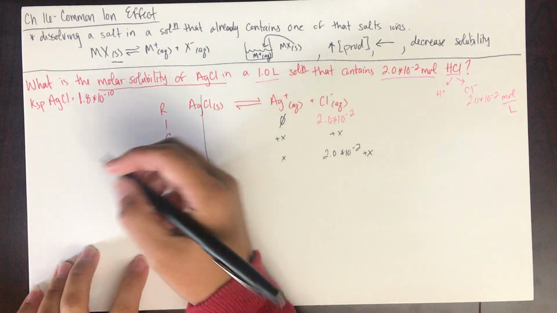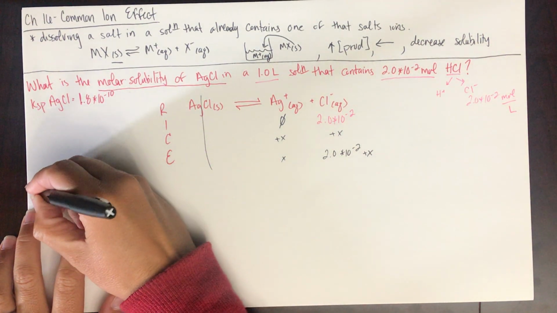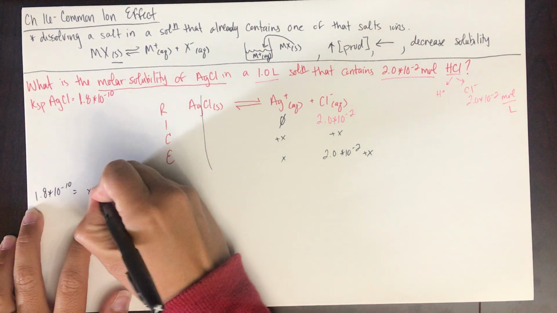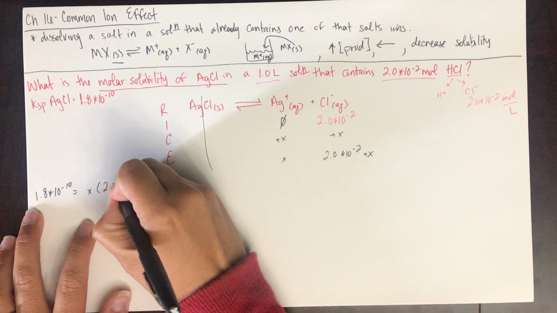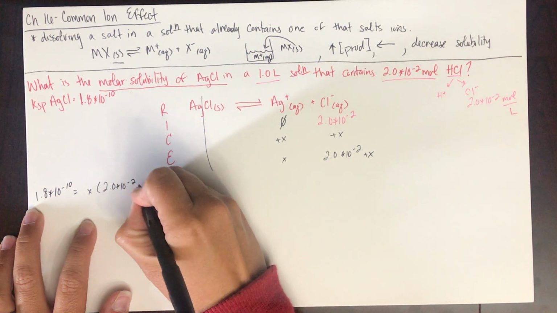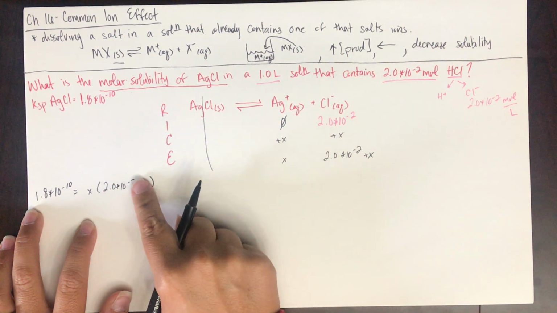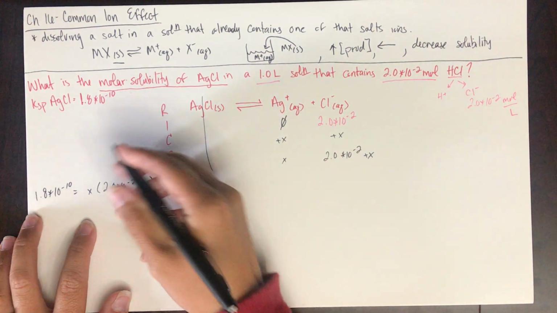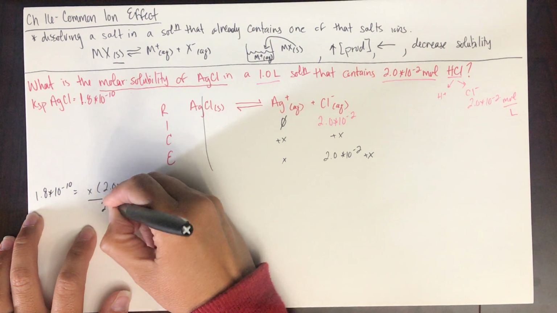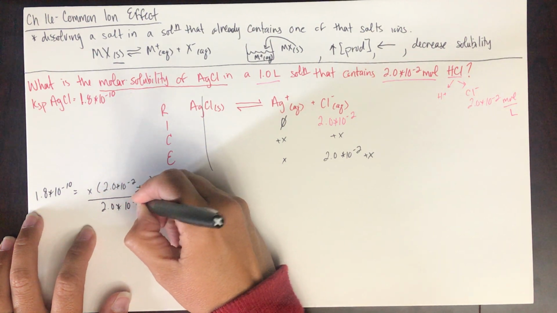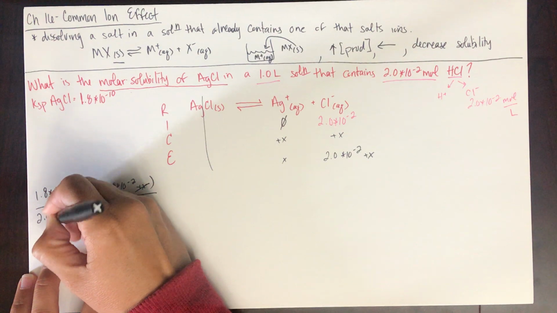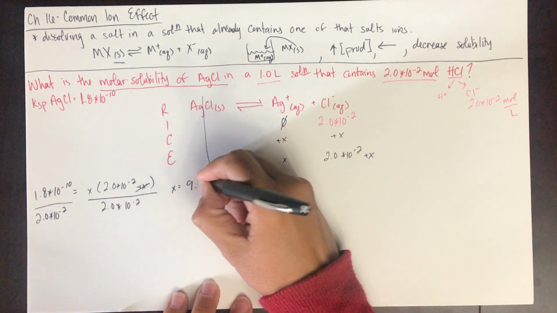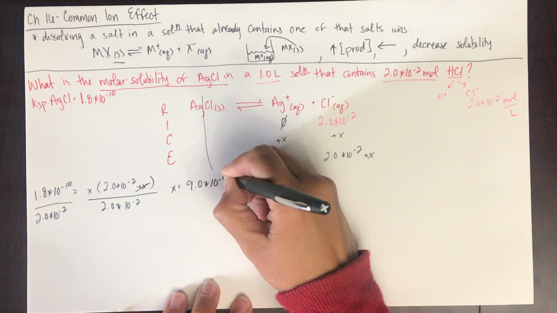So I'm going to say, using the Ksp, 1.8 times 10 to the negative 10th equals x times 2.0 times 10 to the negative 2 plus x. Again, I can assume that this x is negligible, so it's really just x times 2.0 times 10 to the negative 2. So I'm going to divide both sides by 2.0 times 10 to the negative 2. And I'm going to get that x equals 9.0 times 10 to the negative 9.